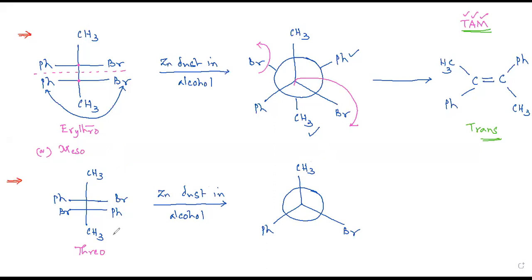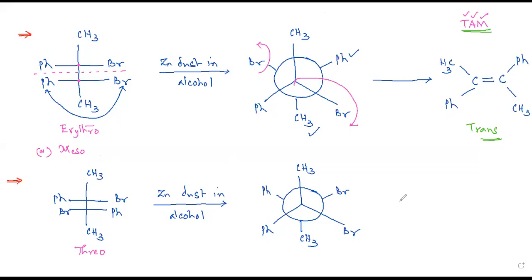Then see, in this case, take CH3 as it is, but the only thing is these two are to be taken this way. Of course, there is one more step in between, but I am skipping that and writing this straight away by changing their positions like this.